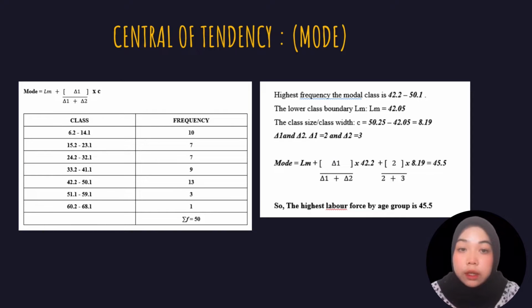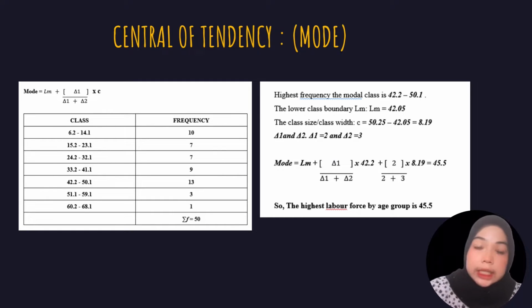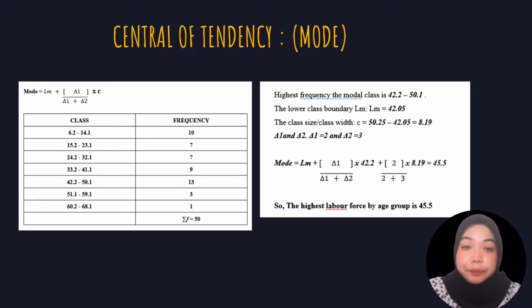The last part is the mode. Okay, the mode uses a different formula from the median and mean. As you can see, this is the formula. The important things in the mode are the class and frequency only, because we want to find the class width and also the difference between the frequency and the frequency before the class.